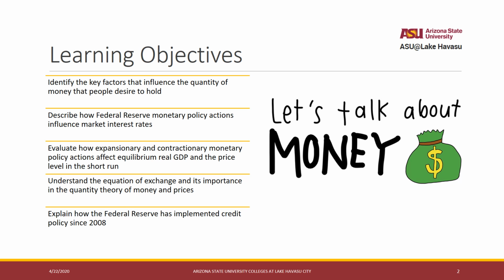To identify the key factors that influence the quantity of money that the people desire to hold, to describe how the Federal Reserve's monetary policy actions influence the market interest rates, to evaluate how the expansionary and contractionary monetary policy actions affect the equilibrium real GDP and the price level in the short run, to understand the equation of exchange and its importance in the quantity theory of money and prices.